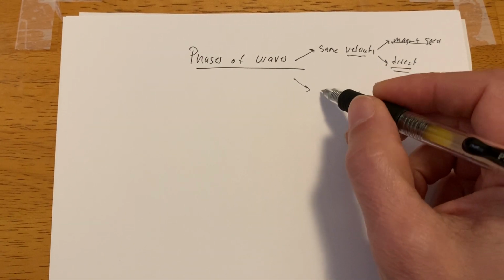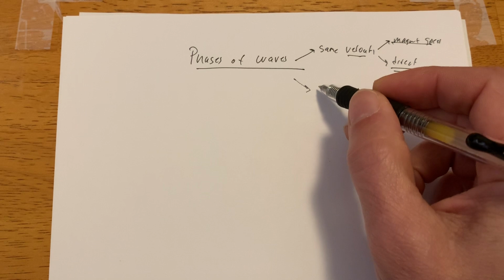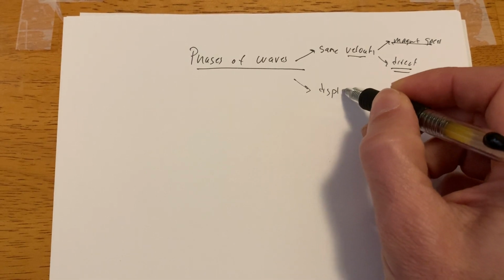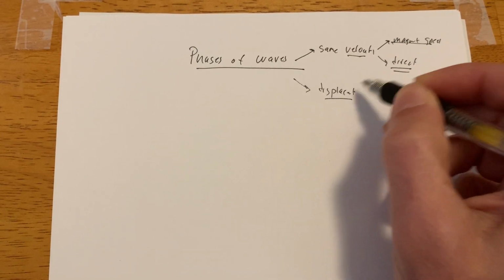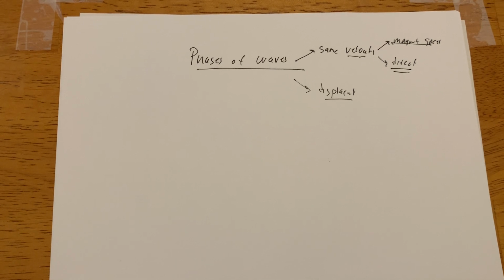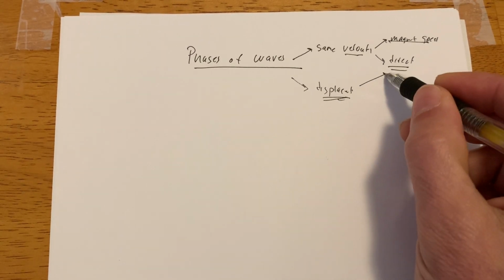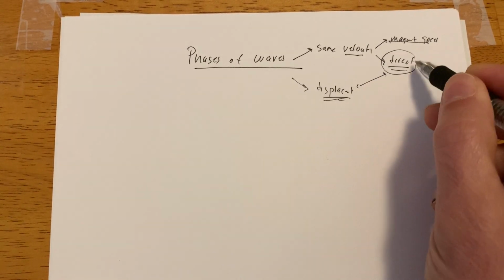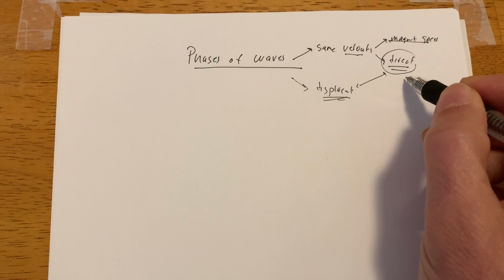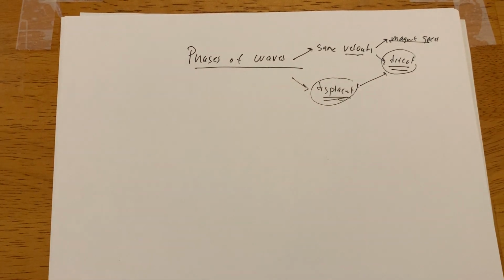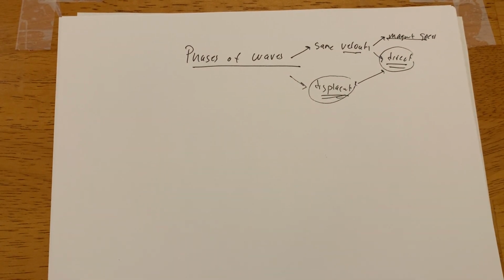Well, they must have the same displacement, meaning amplitude. Is it above the equilibrium position or below? So we can figure out if 2 points are in phase if they have the same direction, up or down, and the same displacement. Let me tell you what I mean by that.